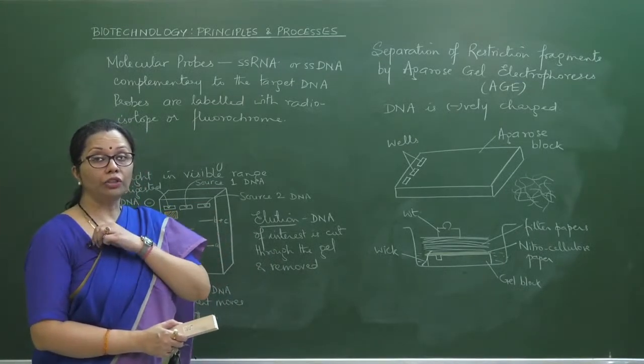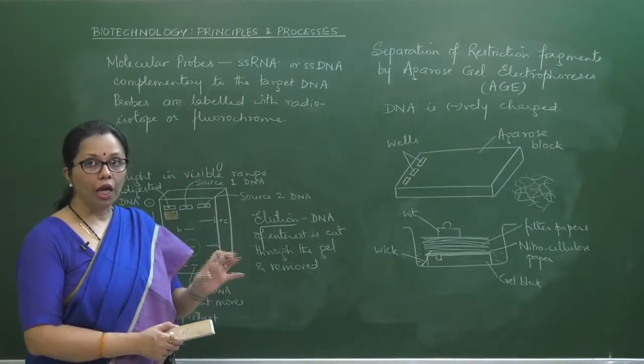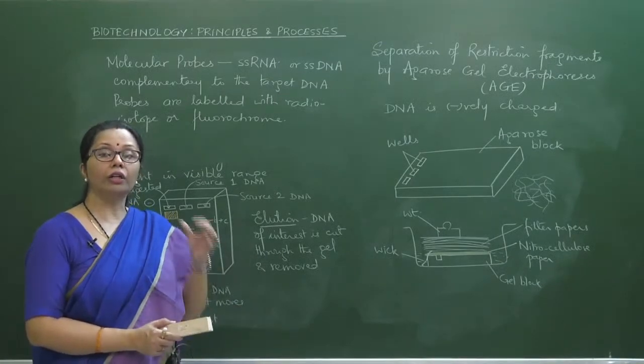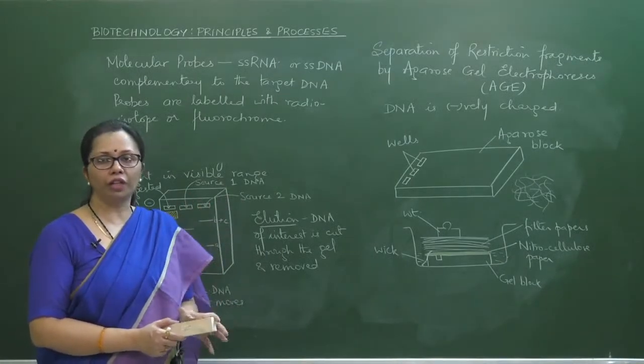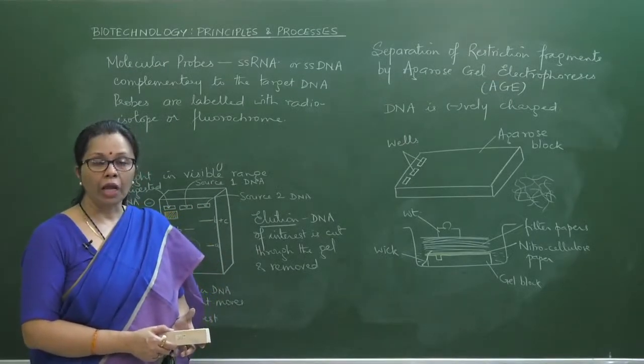So now you can imagine with such difficulty we have found the target DNA. Now every time taking out target DNA would be difficult. Rather, once we have got our target DNA, we can amplify it, making several copies of it.